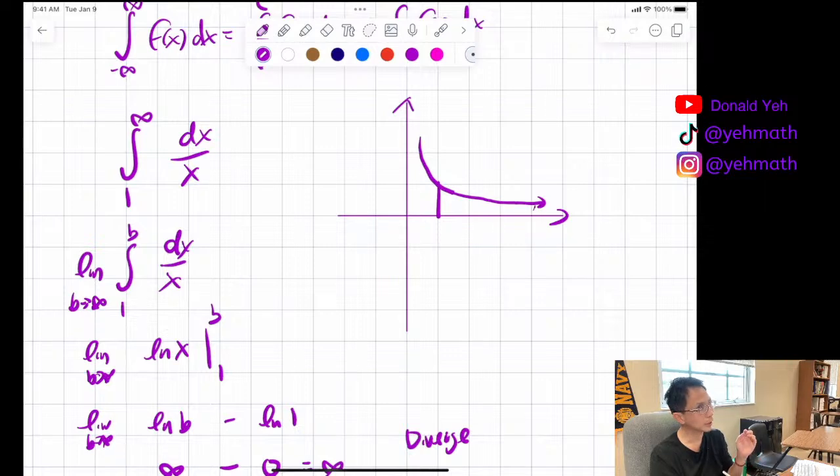If you have natural log of b, that automatically diverges. Let me ask, can we say it never really hits? If you take the limit as x approaches infinity of 1 over x, you plug in infinity and get 1 over infinity, which is 0. So at infinity, it touches 0?